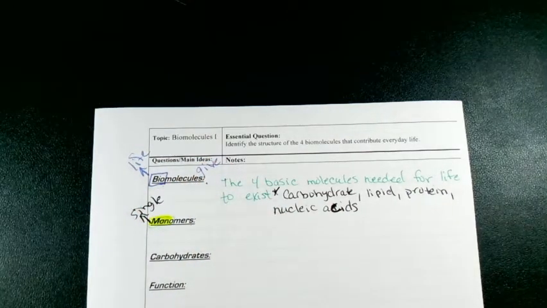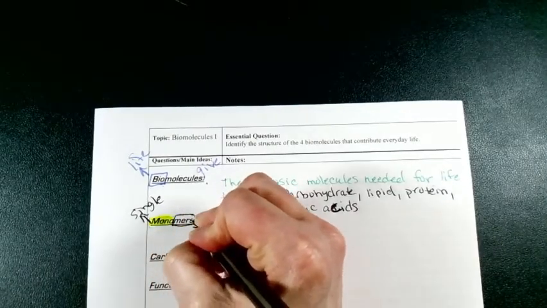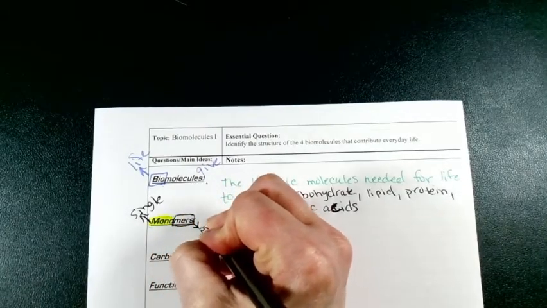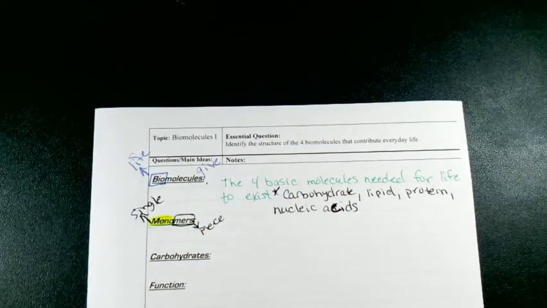Monomer means single molecule or single piece. So mer, you can say piece. So a single piece, when we build these single pieces up, we make a biomolecule. So several of these monomers will bond together to make a biomolecule.